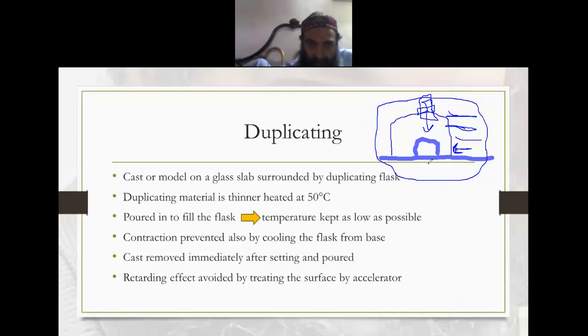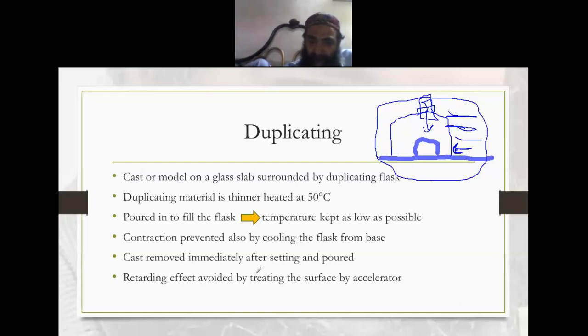Then we invert this flask, place it at another point, and pour the material after the setting of this agar.